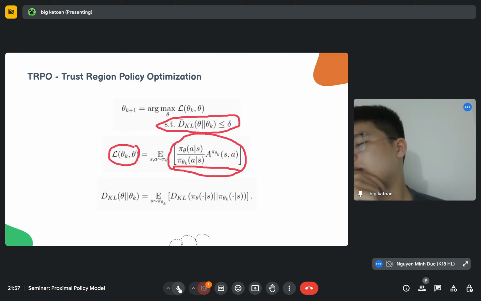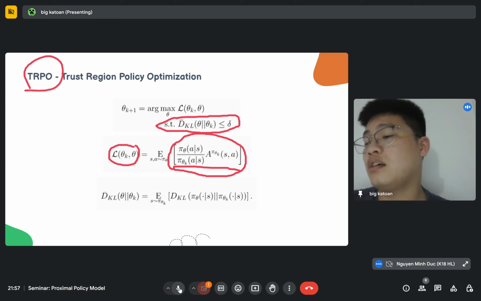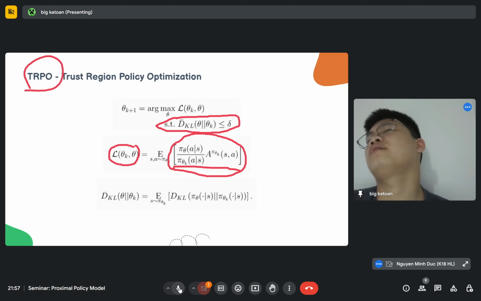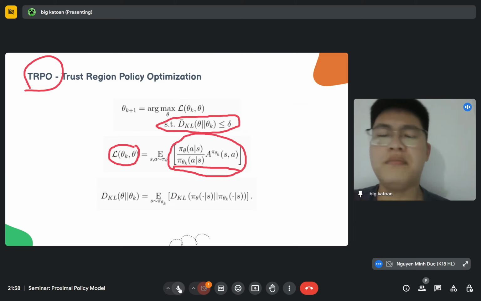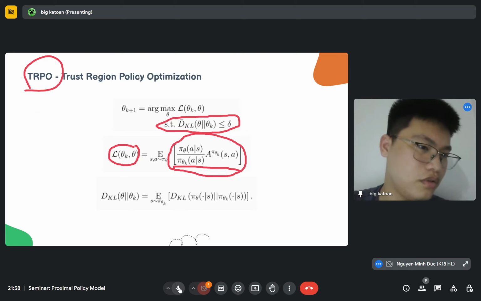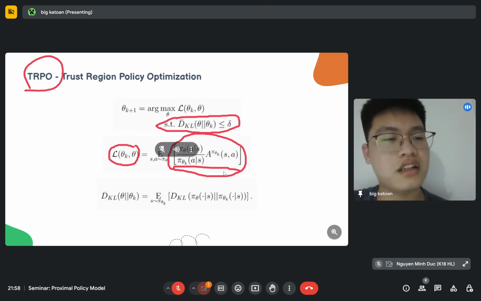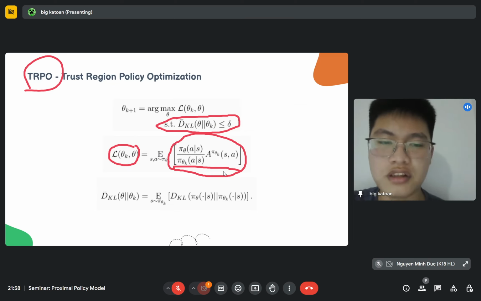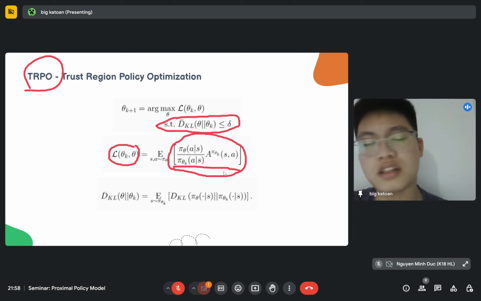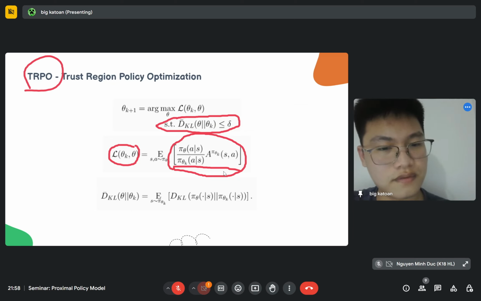You can understand it like that, because TRPO is just a policy optimization problem. So maybe the trust region is just for the KL divergence function. Okay.